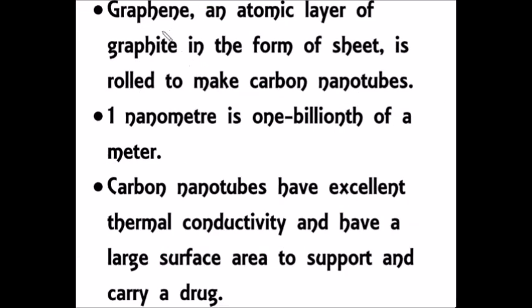Now let's discuss some important points regarding graphene. Graphene is nothing but an atomic layer of graphite in the form of a sheet. Each and every word is important. Graphene is the atomic layer thickness of graphite in the form of a sheet. It is rolled to make the carbon nanotubes.